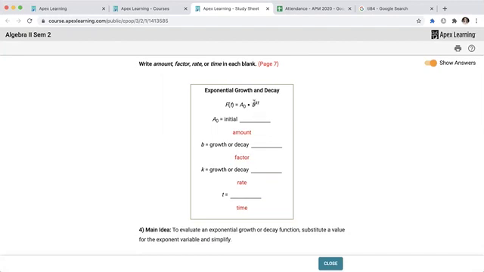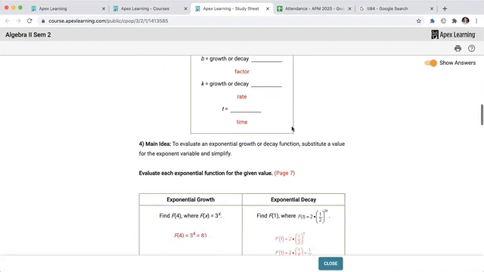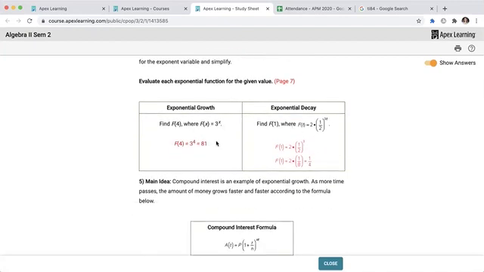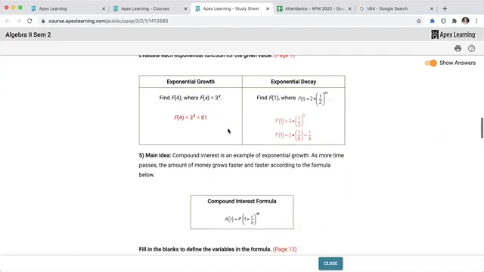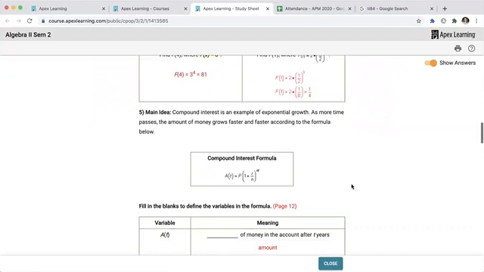B can be for either growth or decay, and so can rate, but the rate here, K, is going to be what determines if we're going to increase or decrease. Are we going to grow or decay? There's a couple problems here where the key is going to be to figure out the different parts, and then make sure you have the right equations here. And luckily, they already gave you the equations for both of those.